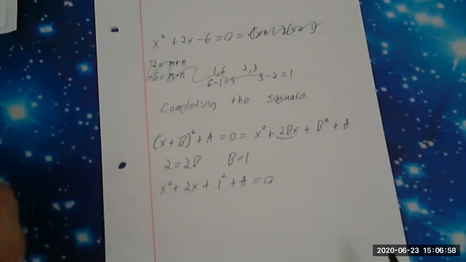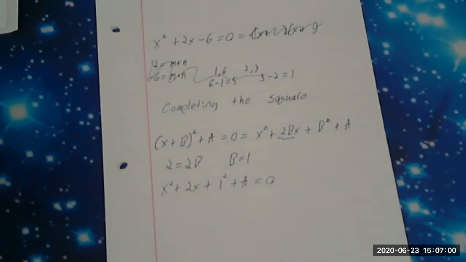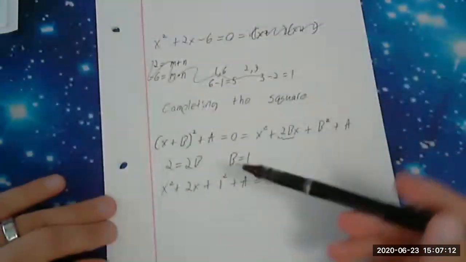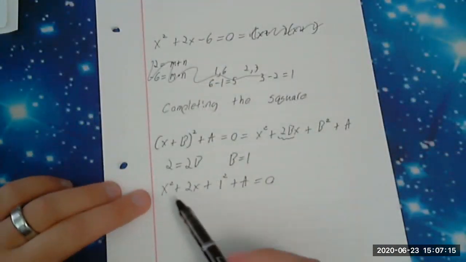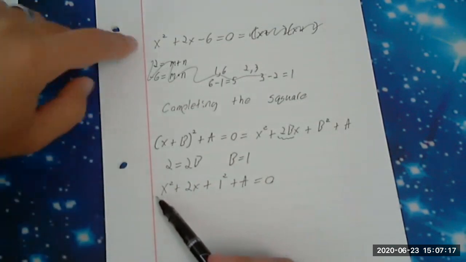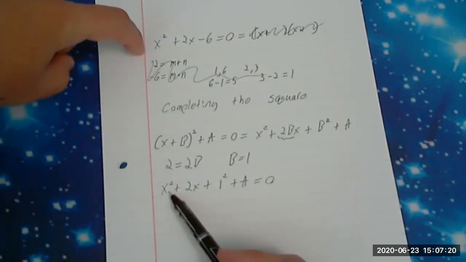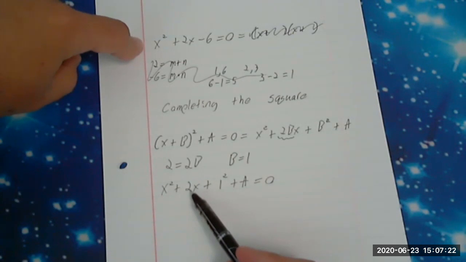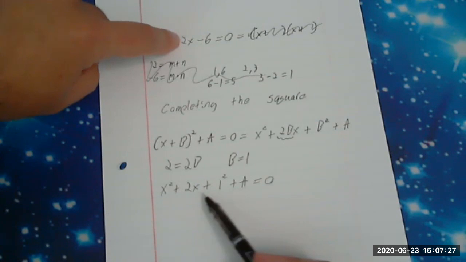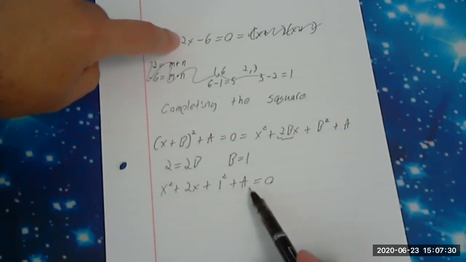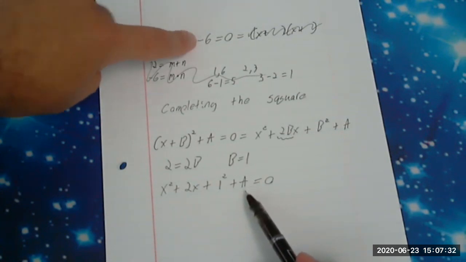But like we said, whenever you have two equations, whether they're linear, quadratic, whatever, if they are set equal to each other, that means that their coefficients have to be equal. So the thing in front of the x squared here has to equal the thing in front of the x squared up here. Well, they do, 1 and 1. The thing in front of the x here has to equal the thing in front of the x here. They do, 2 and 2. Well, that means that the thing being added here has to also equal the thing being added here.